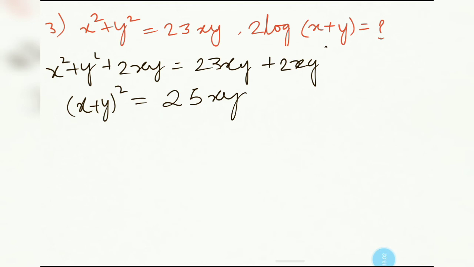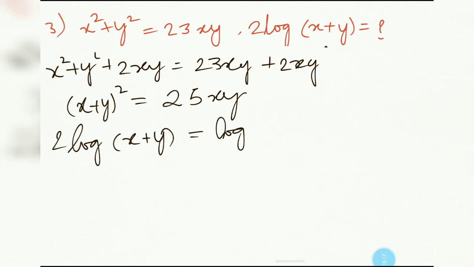Okay, now I'm going to bring the logarithms. So log (x plus y) whole square is there. Now this is power, right? 2. So it is going to be in front, equal to log 25xy.